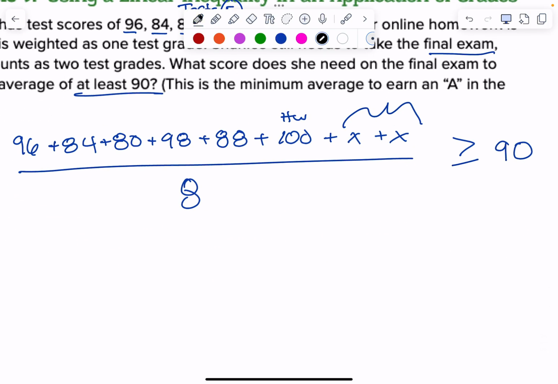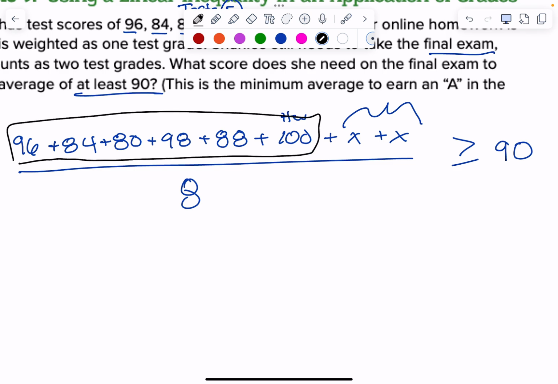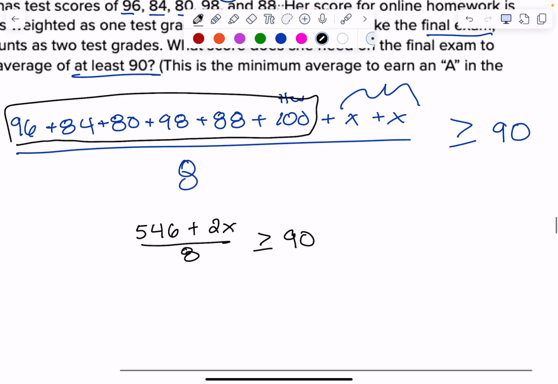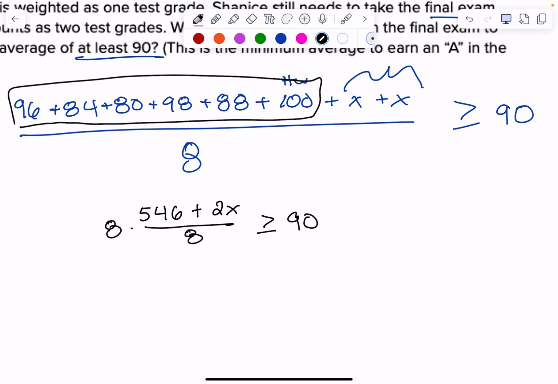Now we just solve it. Add all these together: 546. So 546 plus 2x over 8 has to be greater than or equal to 90. I'm going to multiply by 8, and this is 720.